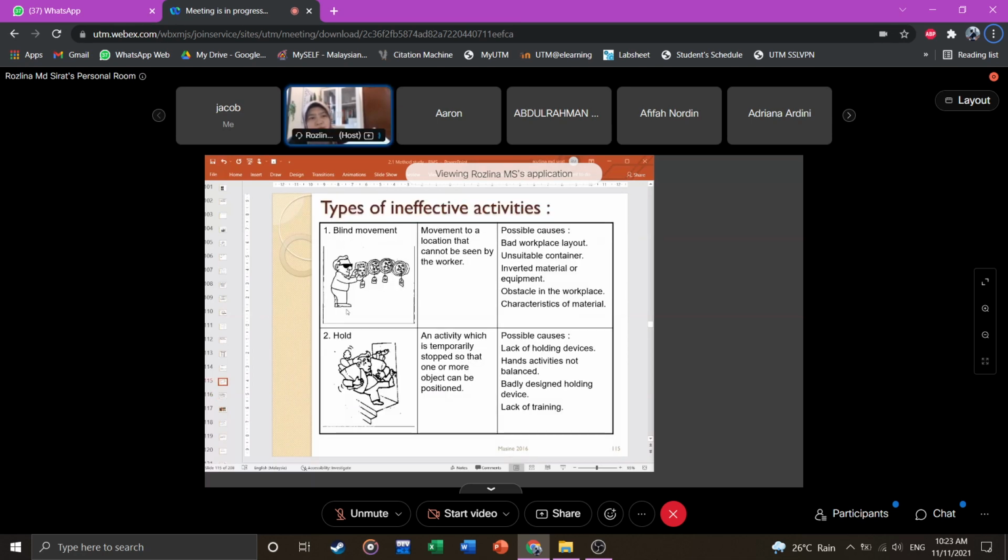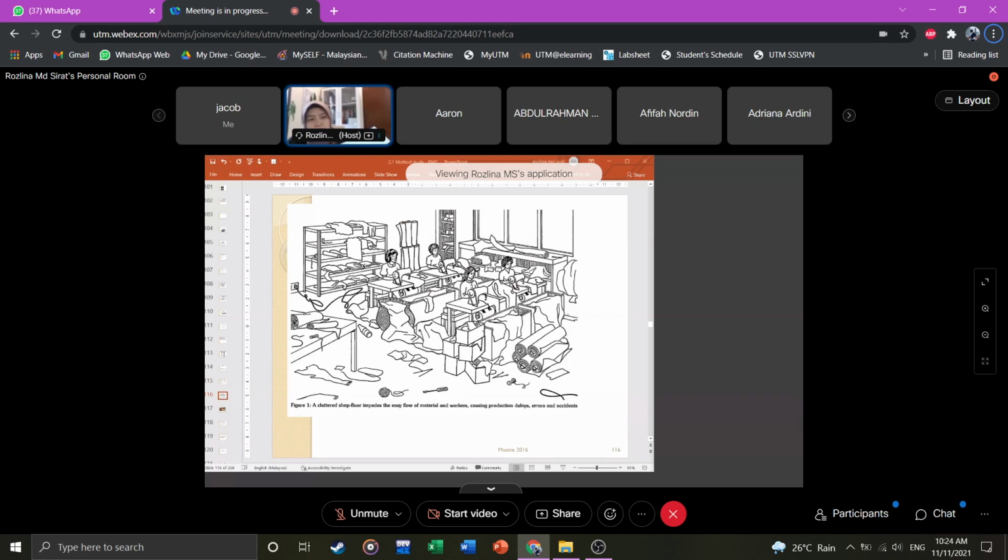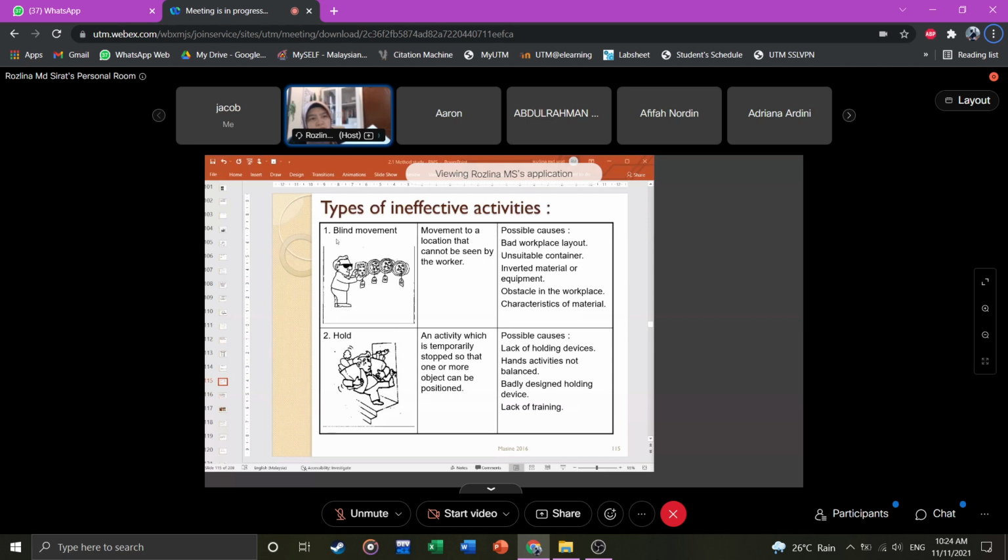And there are two ineffective activities now. First is blind movement and second is hold. Okay, then I show you the picture here. So how do you relate this picture with blind movement, movement to a location that cannot be seen by the worker, and hold, an activity which is temporarily stopped so that one or more objects can be positioned?